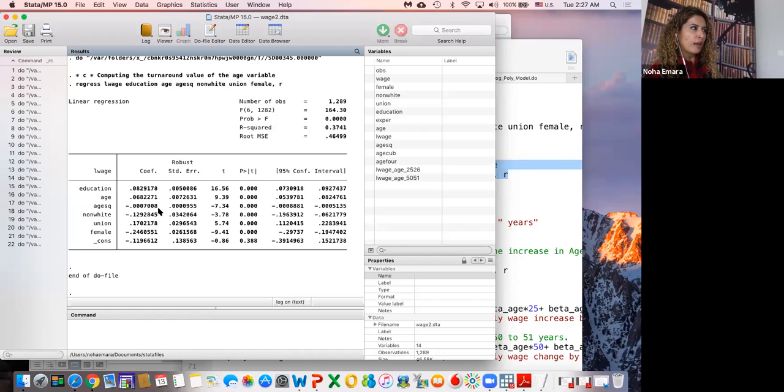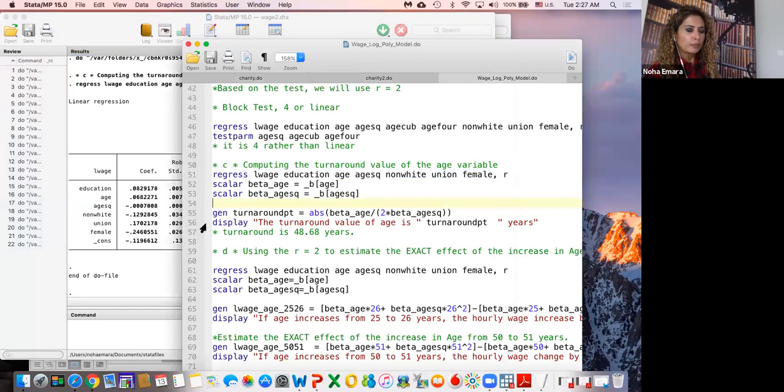So we have something called a turnaround point, or the cutoff point, that we need to determine. The turnaround point, based on our lecture and the videos on the polynomial models, is computed as the absolute value of beta age, which is the coefficient of the linear term, divided by 2 times the coefficient of the age squared, which we have already extracted from here.